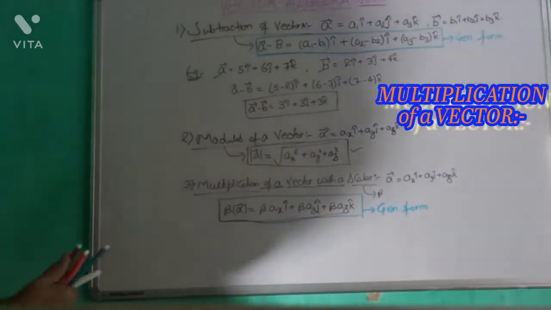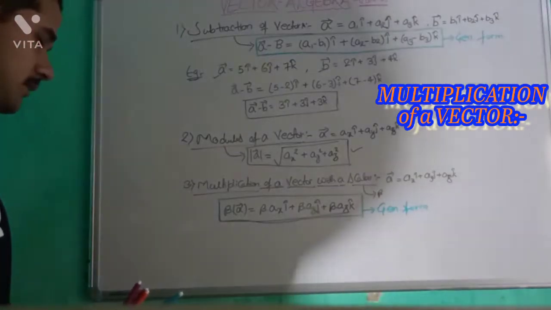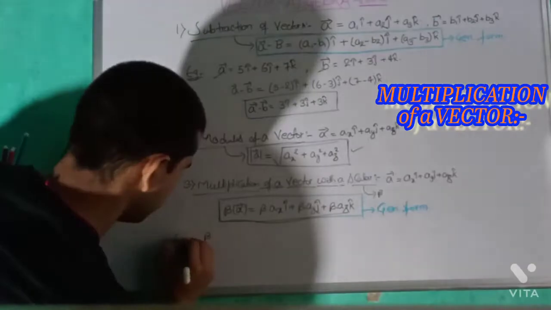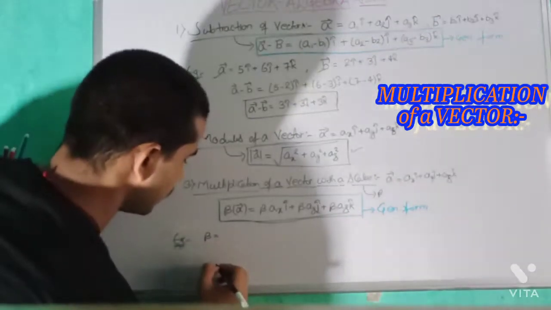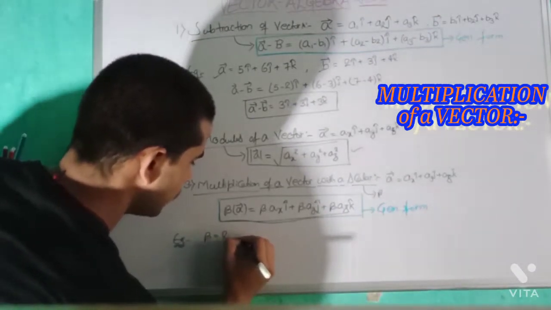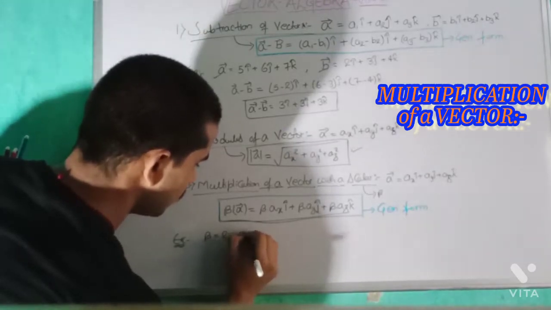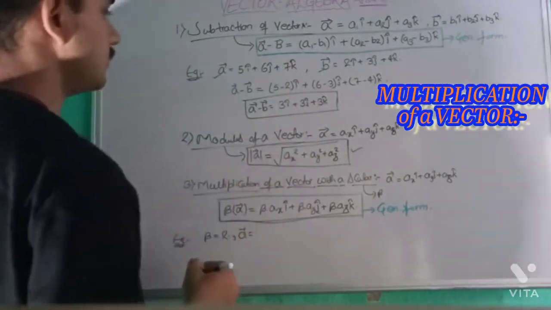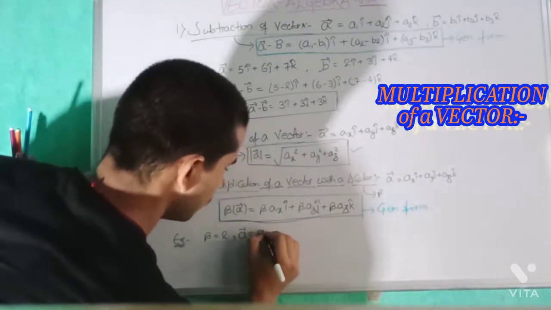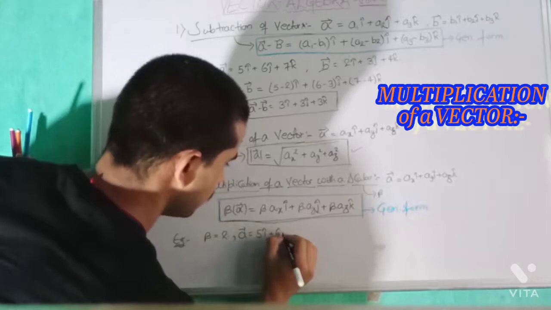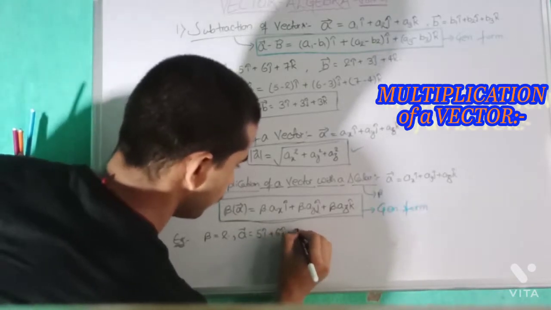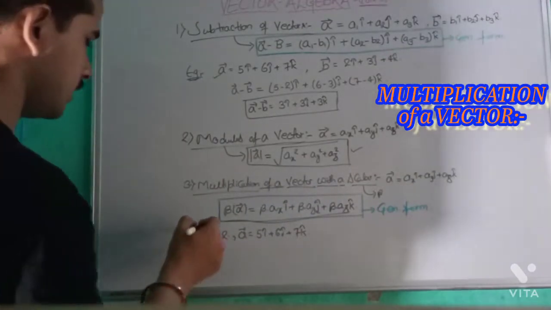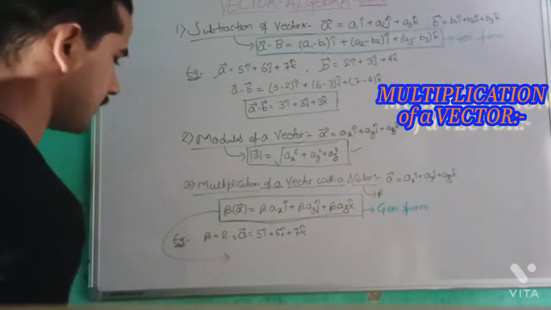Now trying to do it by taking an example. We can take beta, a scalar quantity, as 2, and then a vector, taking its components as 5 I cap plus 6 j cap plus 7 k cap. Then what do we do now? As I have explained here, the same will be applied here also.